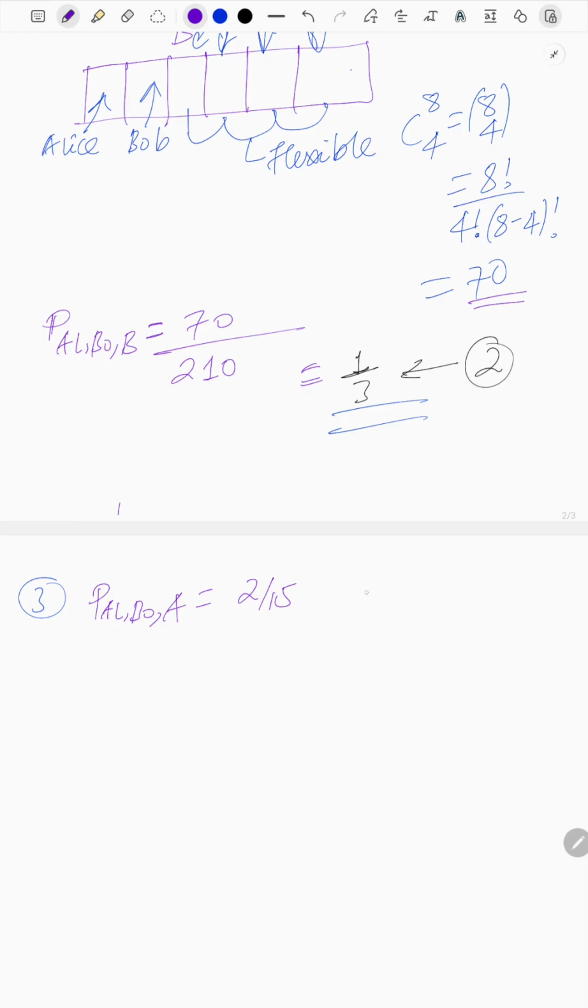And in the second question, we found the probability of Alice and Bob to be in group B, and we found it 1 over 3.